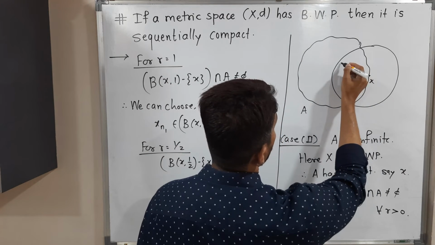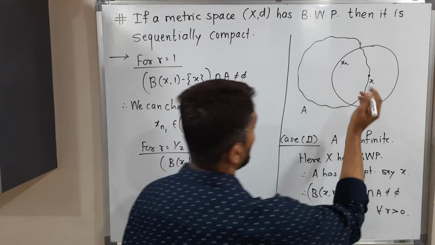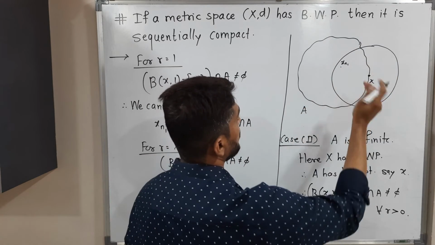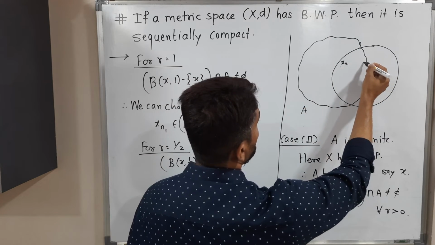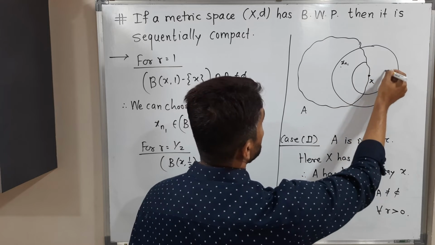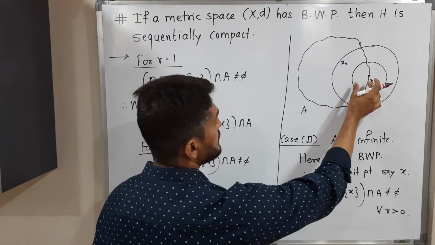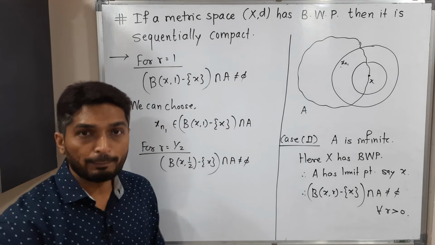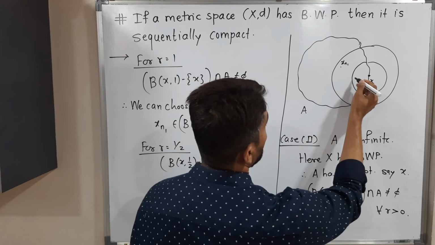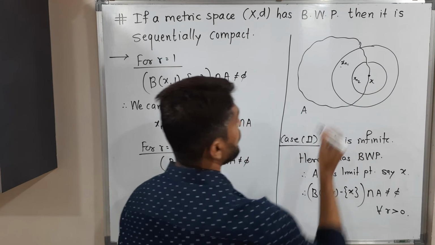So let me show here, we got one point xn1. I have taken one point from the intersection. So now I reduce the radius and now the radius is half of the previous, getting? So again the intersection is non-empty, that means we can choose one more point. So let me call it xn2.